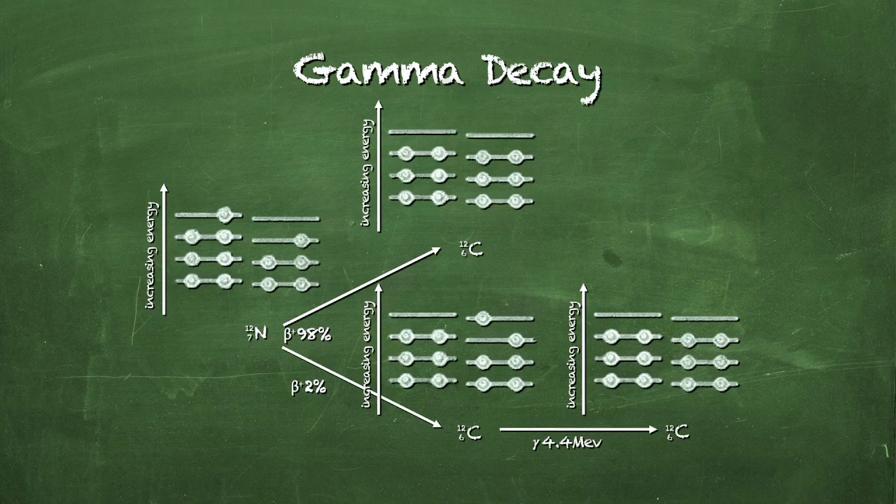2% of the time, however, when the nitrogen-12 undergoes beta decay, the proton doesn't go all the way to the lowest available energy state. It goes to a higher state, which puts the carbon-12 nucleus in an excited state. Just as you learned in chemistry that atoms can be in an excited state when their electrons are in a higher energy level than the ground state.